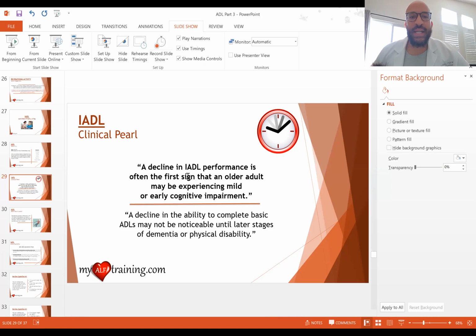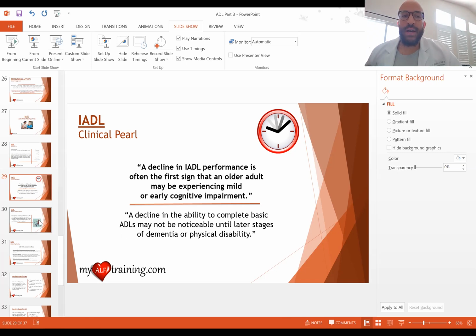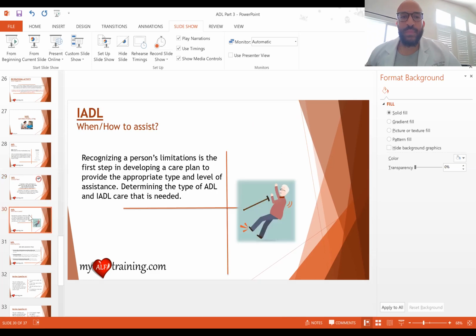A decline in IADL performance is often the first sign that an older adult may be experiencing mild or early cognitive impairment, whereas a decline in the ability to complete basic ADLs may not be noticeable until later stages of dementia or physical disability. So it's really important for you to tune in on a patient's IADL and understand what they are, because this actually is the earliest indicator that something may be going wrong in our patients.